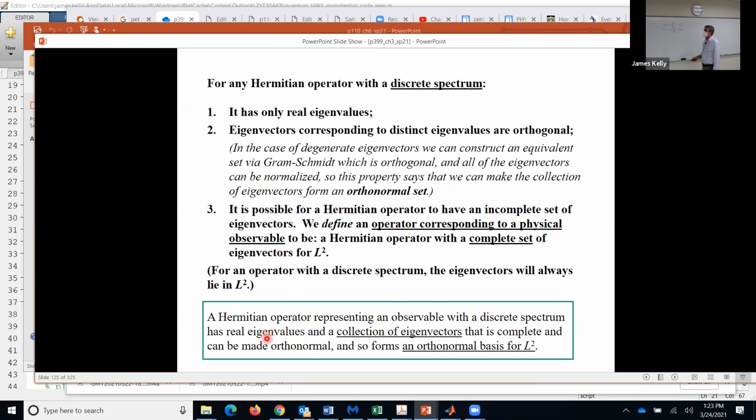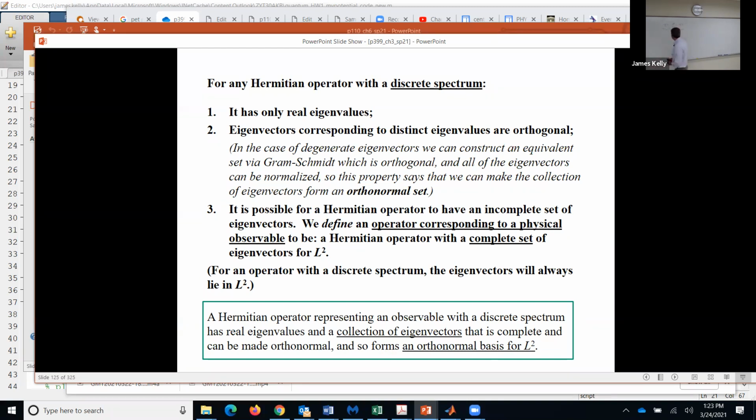And even if they're not already orthogonal, they can be normalized, and they can be made into an orthonormal set. Therefore, the collection of eigenvectors of any observable operator forms an orthonormal basis for the set of square integrable functions.